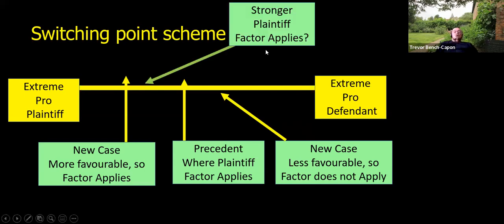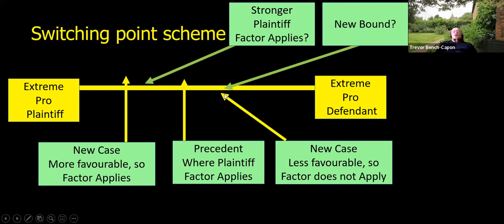And then the critical question, which says that a stronger factor applies, because we have a sticking point here. Or we can say that in fact the use case identifies a new bound of the sticking point, and so it was in fact applied.